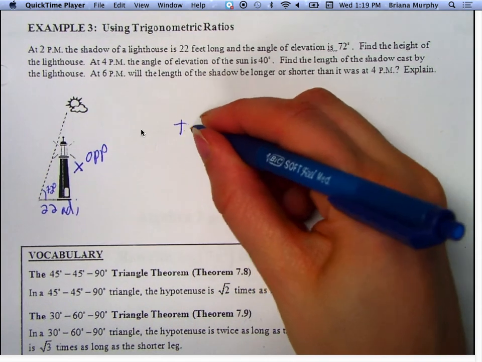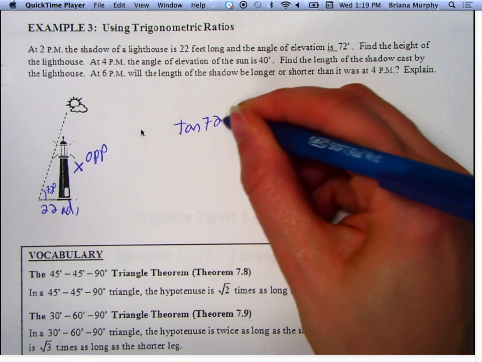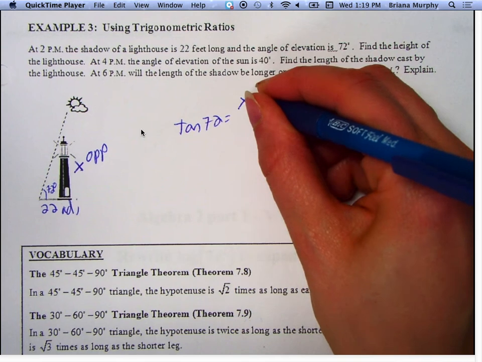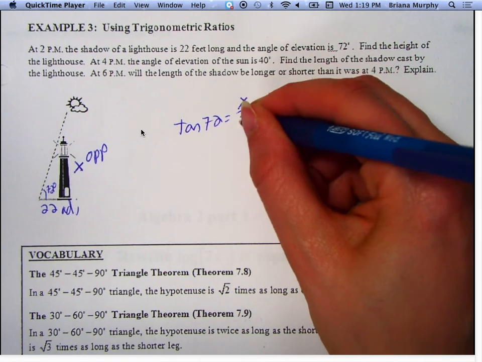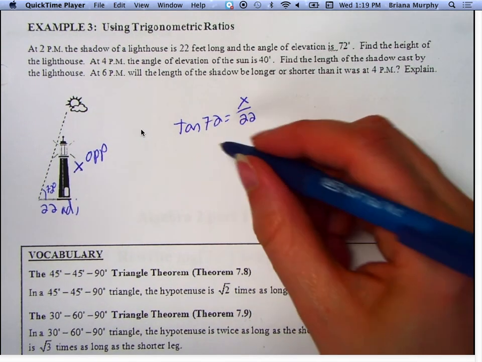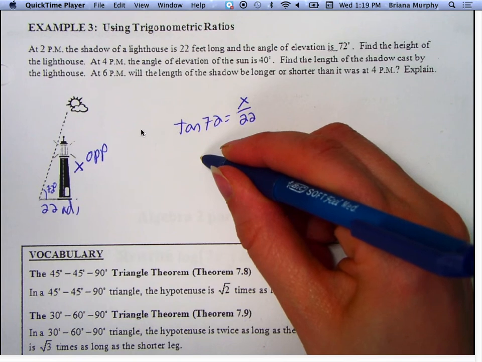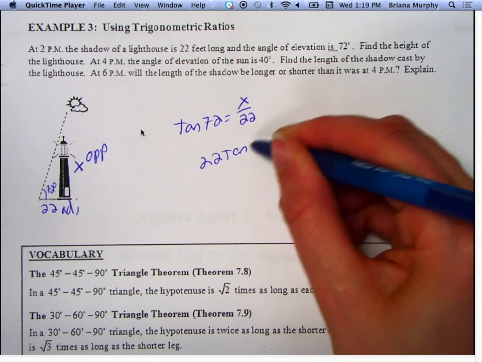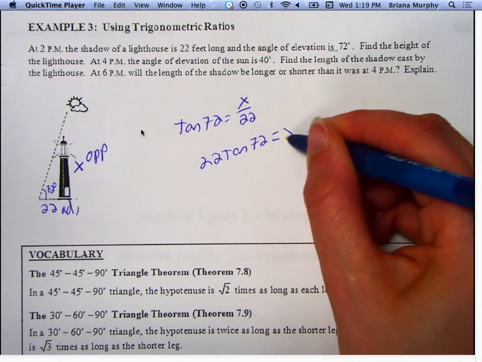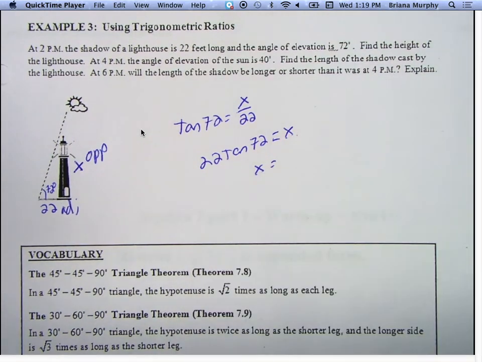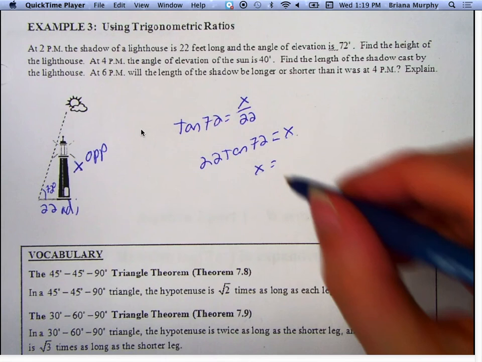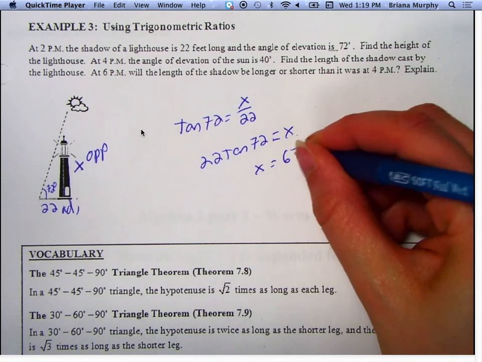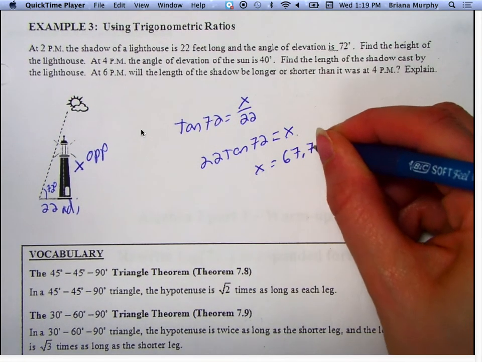Okay. So the tan of 72 equals the opposite x over the adjacent 22, and then we're going to cross multiply. Am I going too fast? 22 tan 72 equals x. So x equals 22 trig button tan 72 gives me 67.7 feet.